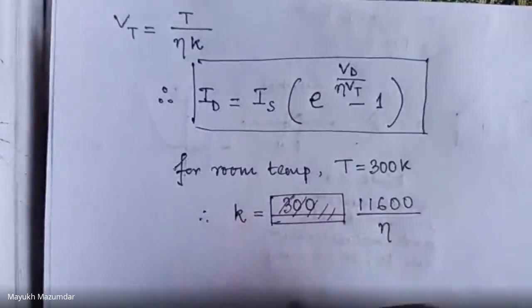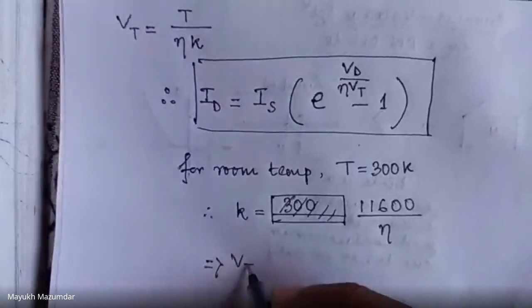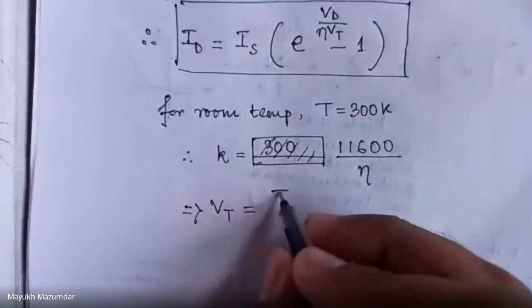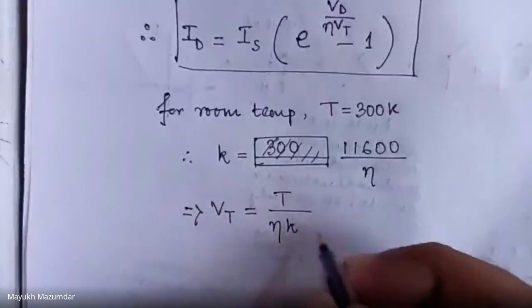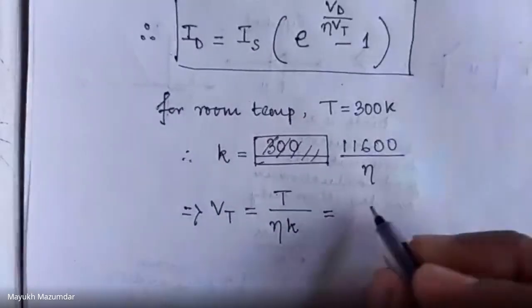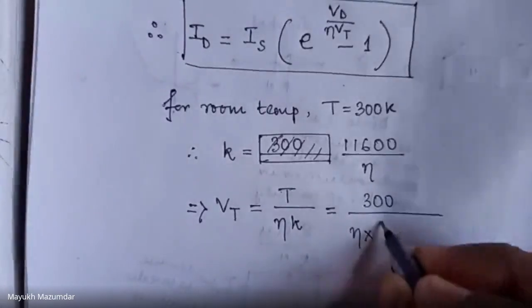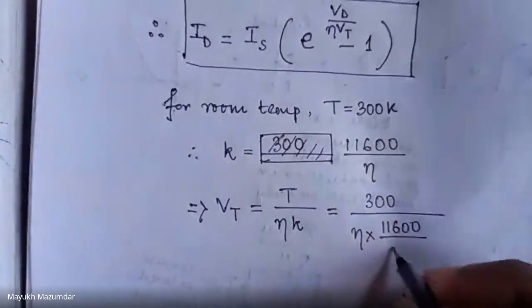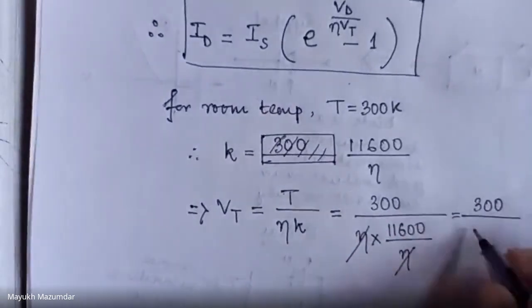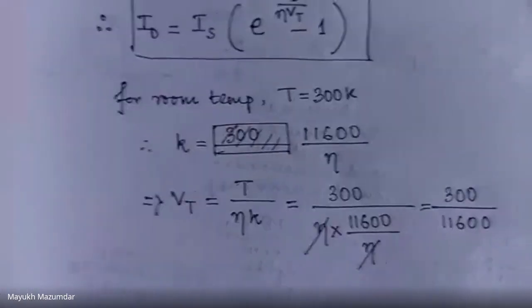Fine. What was Vt? T by eta K, right? So eta, let it be. Just tell me the value that you are getting here. The unit would definitely be volt.